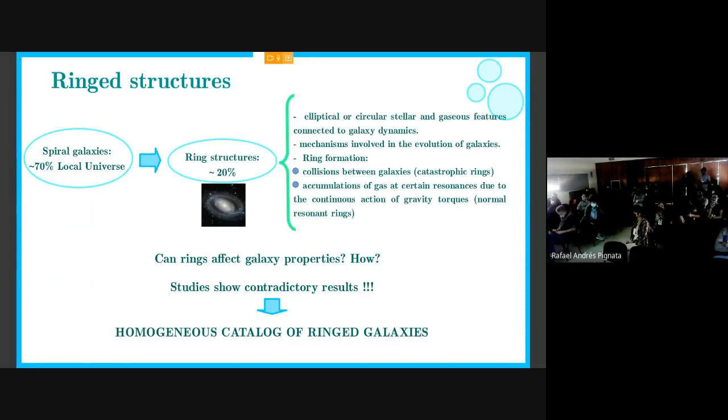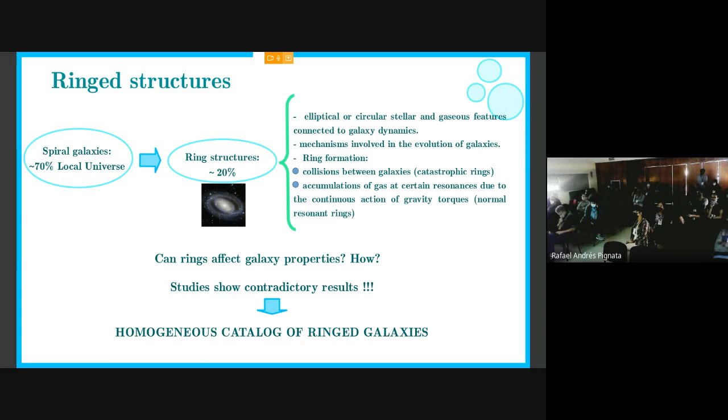About this structure, one question that arises is, can rings affect galaxy properties? How? About this topic, several authors have carried out different studies considering particular ring galaxies, finding contradictory results.